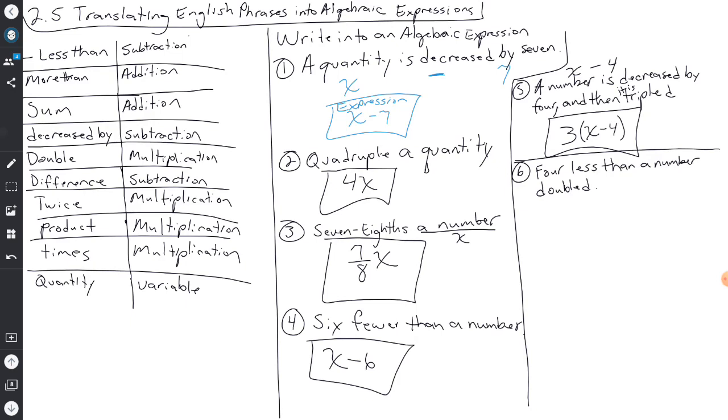So we have 4 less than a number double. Well, what is the number double? The number doubled is 2x. And then it says 4 less than a number double.